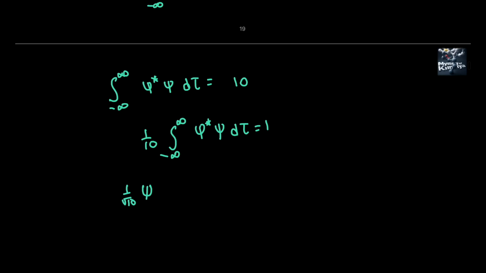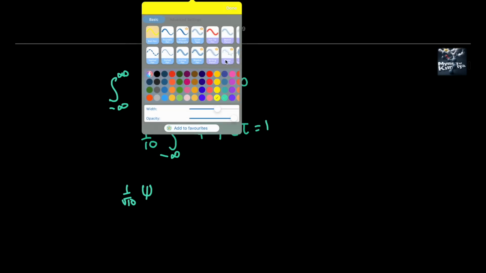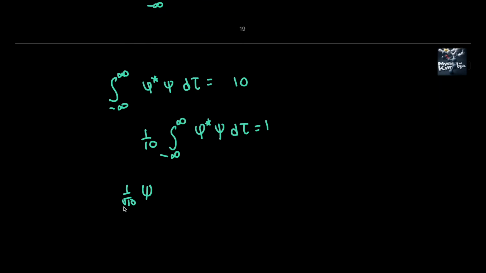And this constant which comes so that our probability becomes 1 is called the normalization constant.